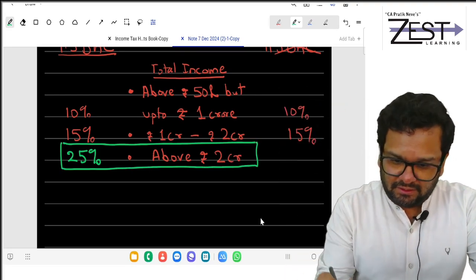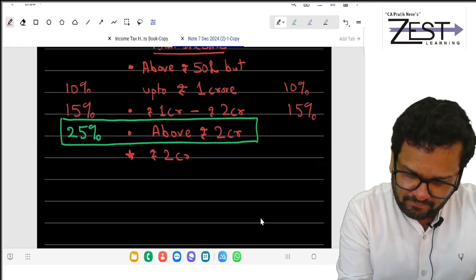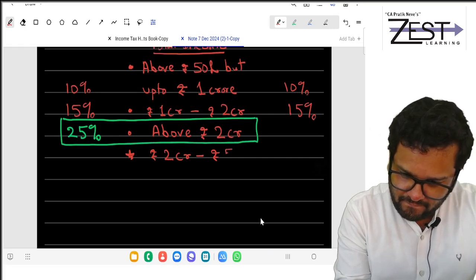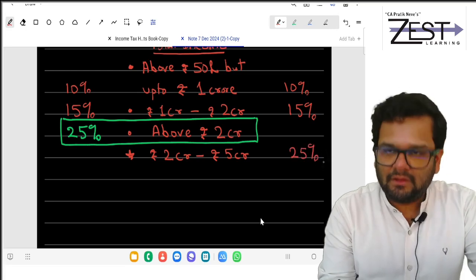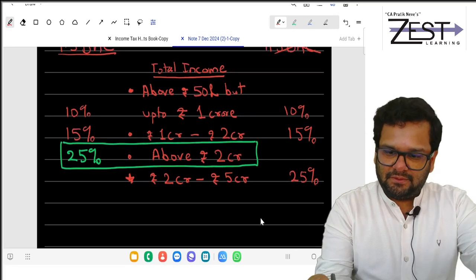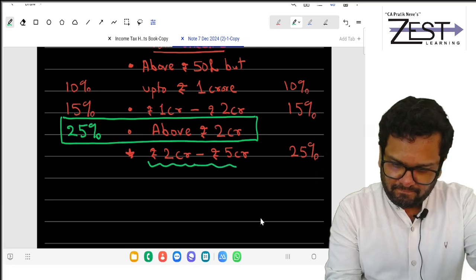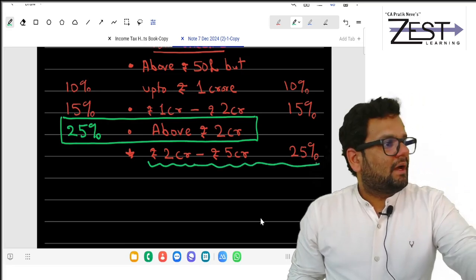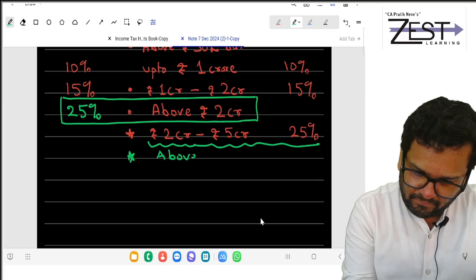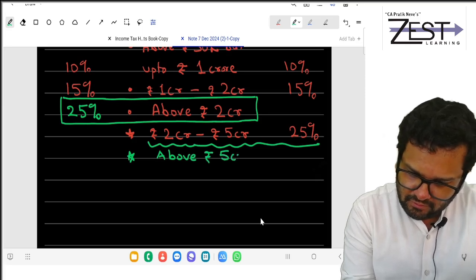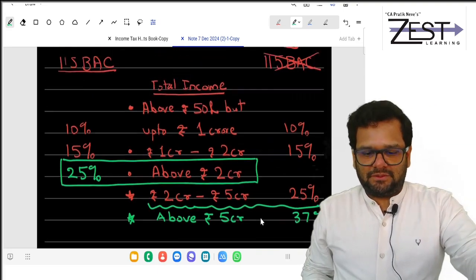But here, 2 crore to 5 crore, it is 25%, special. And above rupees 5 crore, 37%.